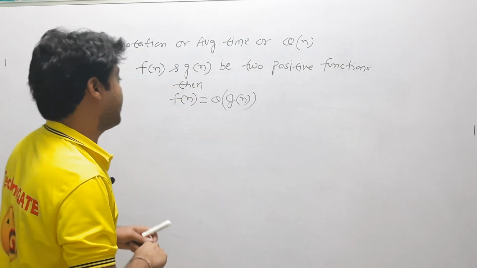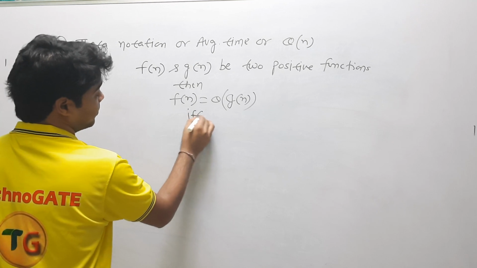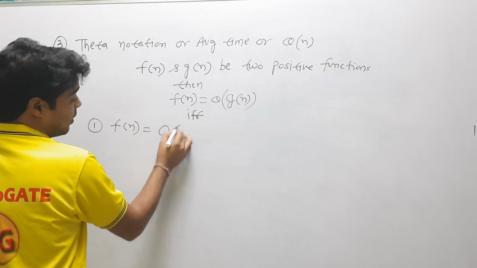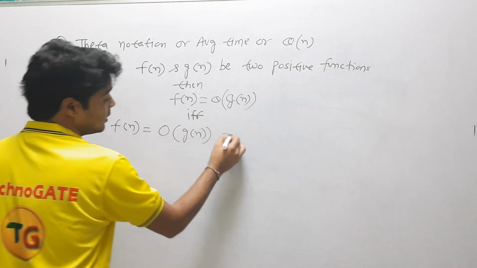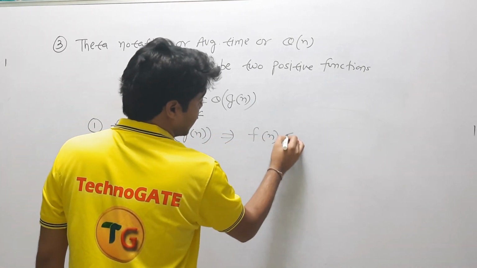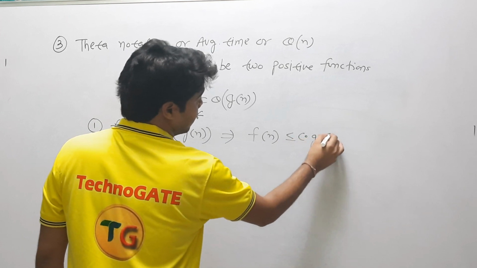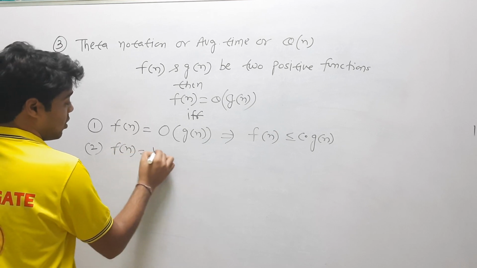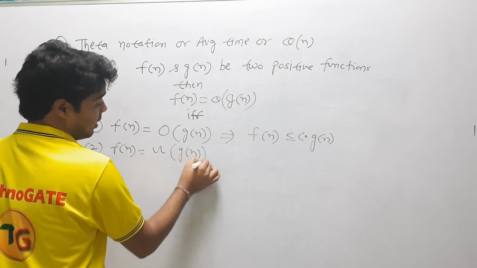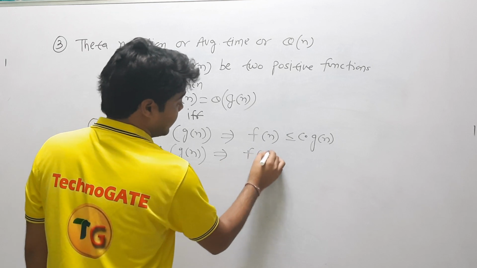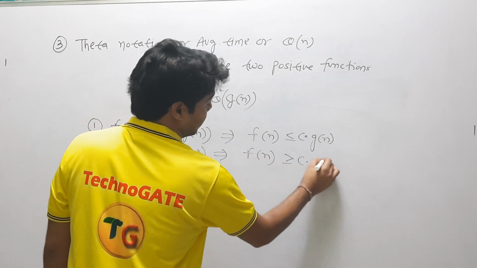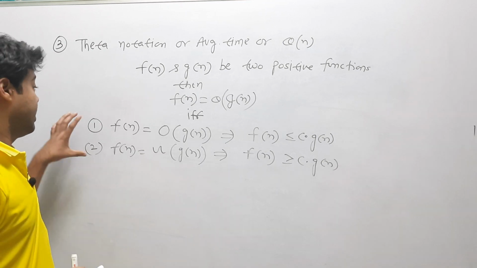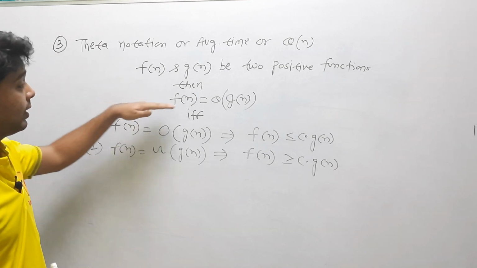If and only if, first, F(n) is big O of G(n), meaning F(n) is less than or equal to C times G(n), and second, F(n) is omega of G(n), meaning F(n) is greater than or equal to C times G(n). So if these two conditions are satisfied, then F(n) is theta of G(n).